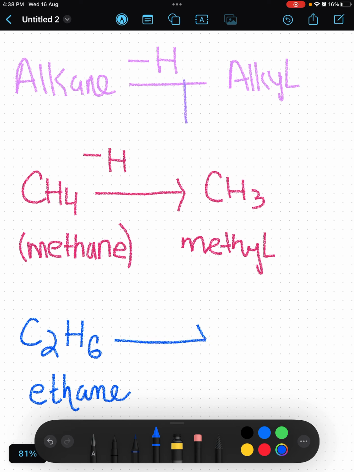If we subtract one hydrogen from it, it will become C2H5, which is ethyl.